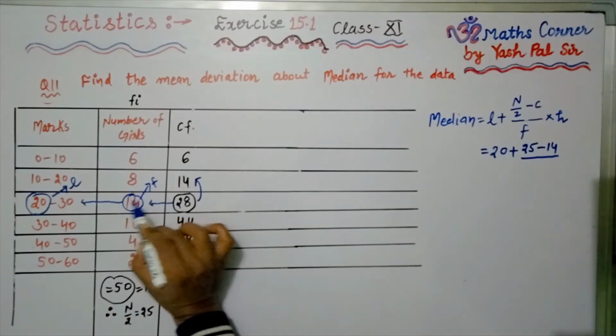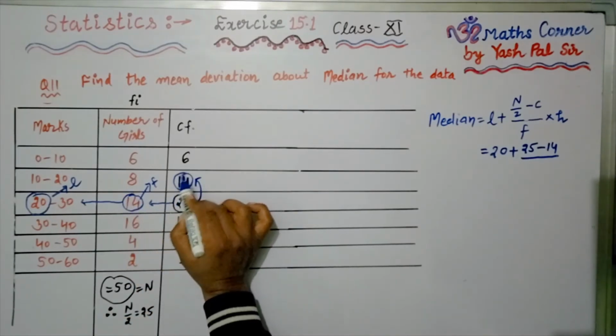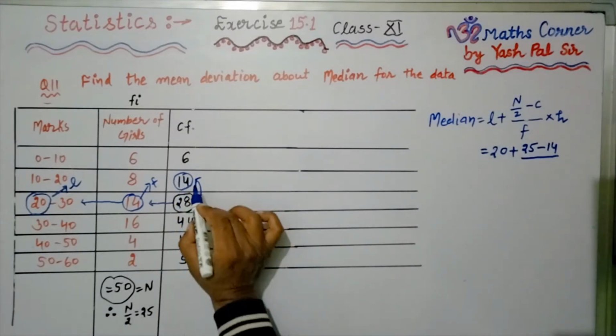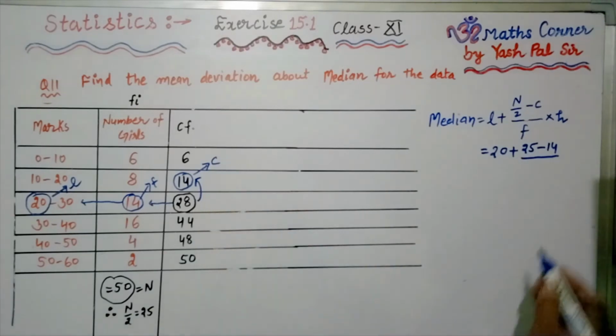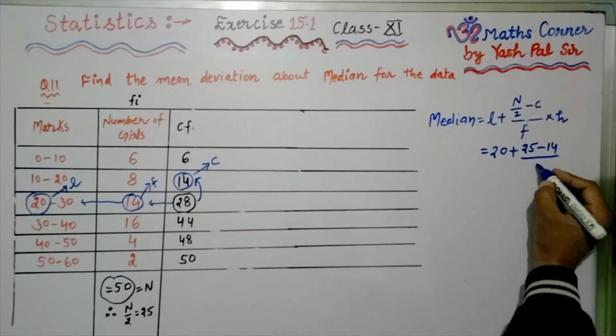F means this is f, and this 14 is called c.